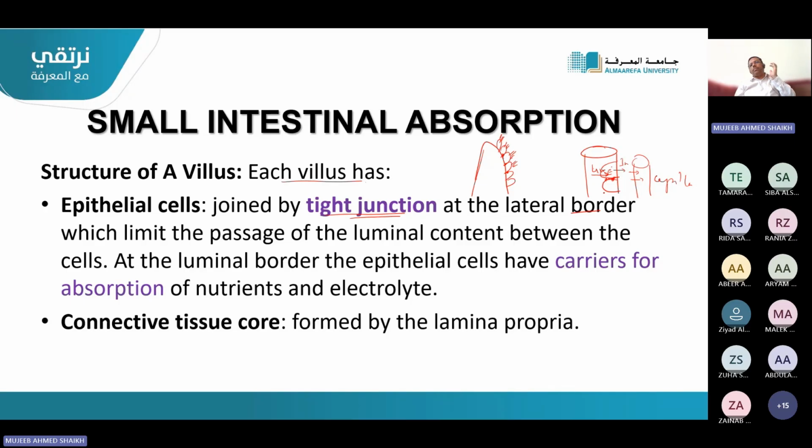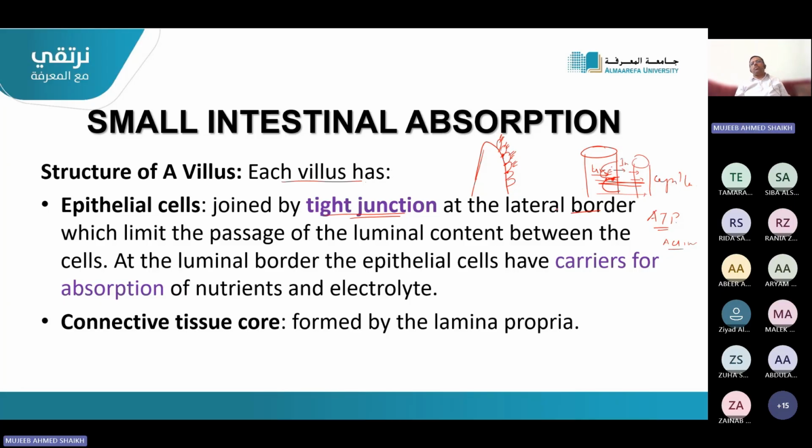In any of these three places, if ATP is used, we call it an active process or active absorption. If there is no ATP used, then we call it passive absorption.